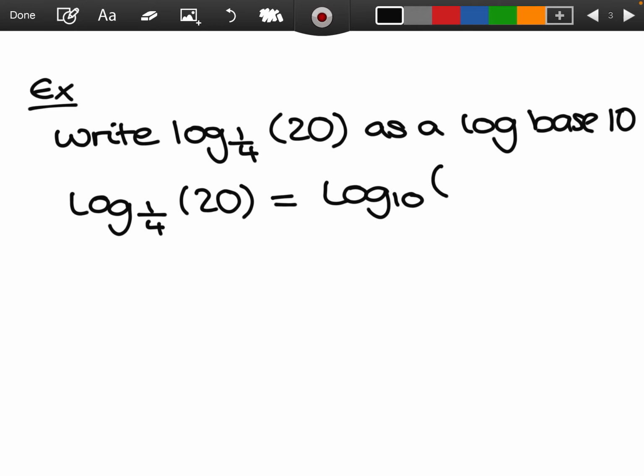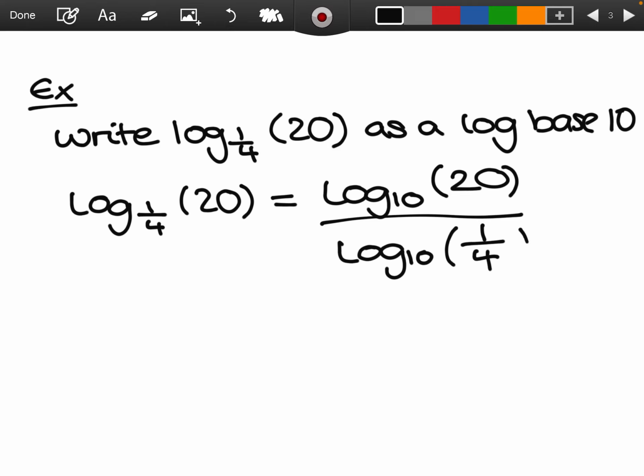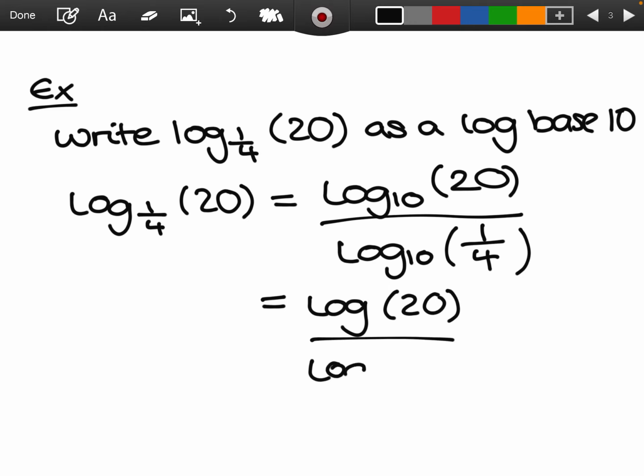So it's log base 10 of my original argument over log base 10 of my original base. And we can write our common log as just dropping that base 10. I can rewrite it like that if I want with notation.